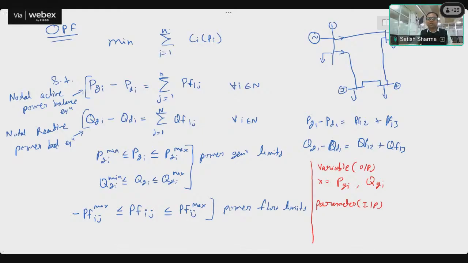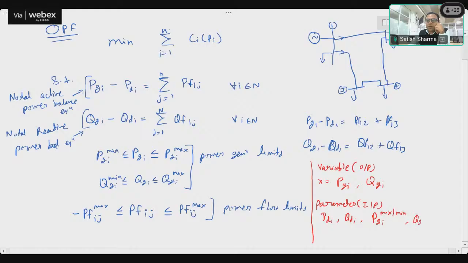So parameters generally we consider our demand, active and reactive power demand is my parameter. I can say that generator limits can be the parameter. So the active power generation of all the generators, whether it is maximum limit or minimum limit, will be parameter.